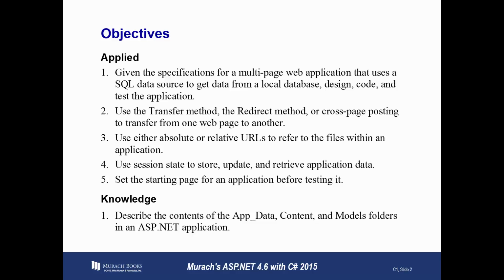We want to be able to use the transfer, redirect, or cross-page posting. In other words, we want to be able to transfer information from one web page to another. Use absolute or relative URLs. What's the difference?